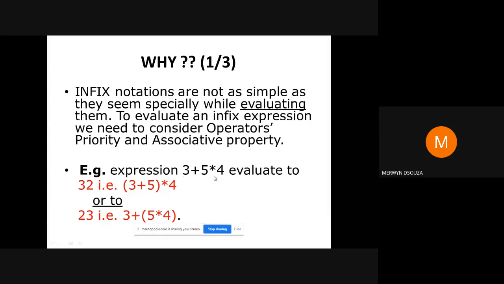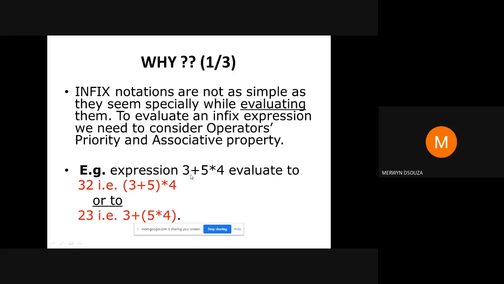So this same expression, if I do not put parenthesis, okay, another thing that I forgot to mention, brackets in data structures will be referred to as parenthesis. If I don't put parenthesis, then you don't know what answer you will get. Some of you may get 32, some of you may get 23. Both answers are correct because I have not given you parenthesis. The moment I put parenthesis, you would get only one answer.